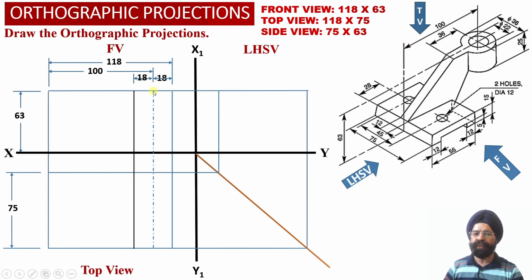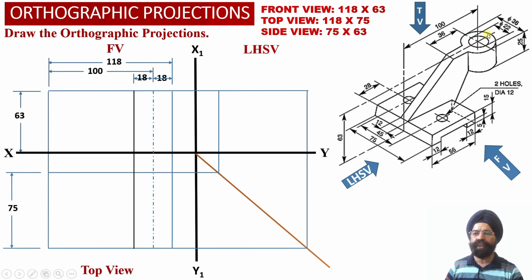So now from this point we have obtained a vertical center projection line into the front view orthographic projections, and we have appropriately extended this vertical projection center line into the top view projections over here.